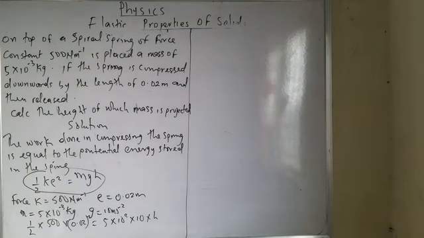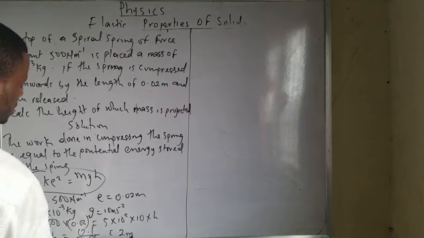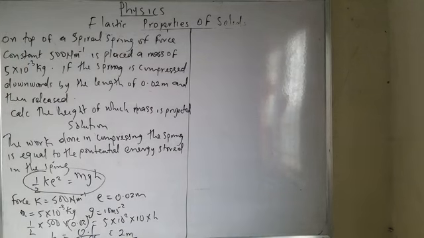By so doing, my h will be 0.1 divided by 0.05, which is 2 meter. My height is 2 meter.